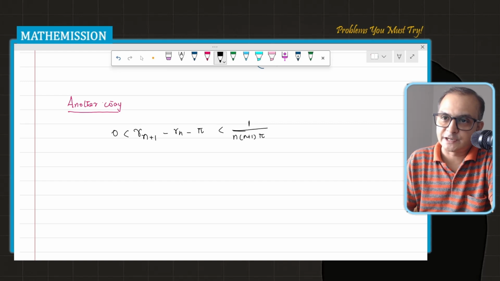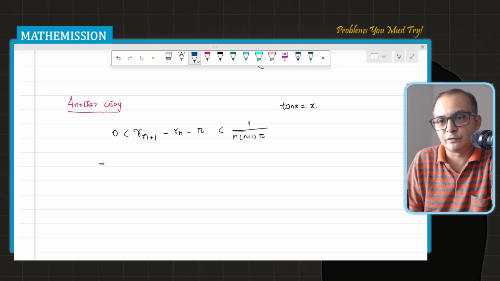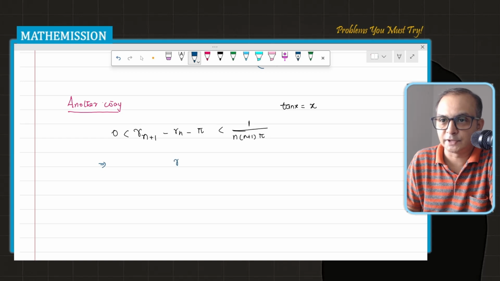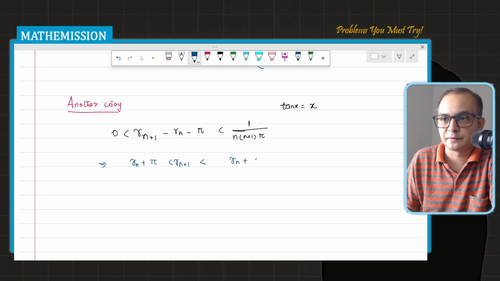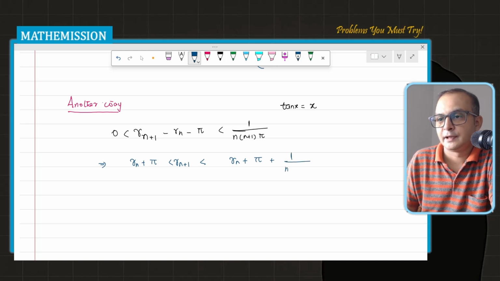So if we have to establish this, and I have the support of tan x equal to x, it means equivalently we can say that I want to find Rn plus 1, which is more than Rn plus pi but lesser than Rn plus pi plus 1 by n into n plus 1 pi.